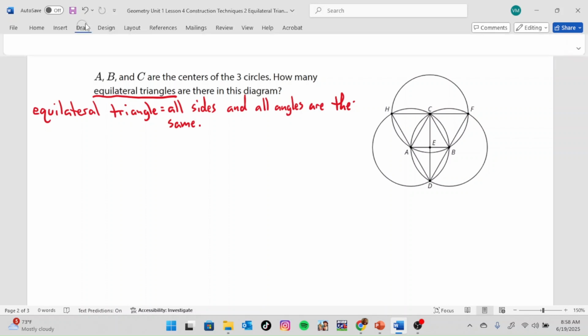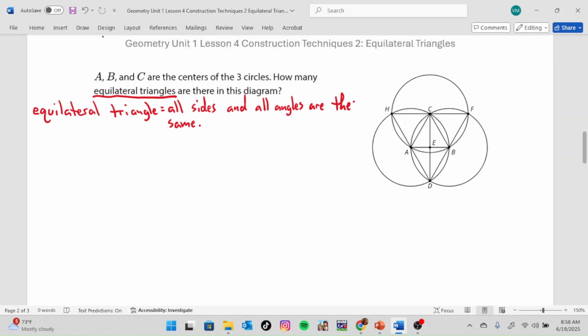So, as we look at these, let's start with circle A. That's down here in the bottom left. We know that if you go from the center of a circle to the circle itself, that line is called a radius.